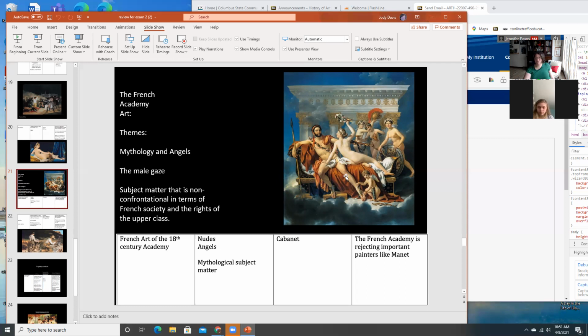This is the stuff that's being sold in the French Salon, that the French Salon patron just seems to be eating up. The male gaze is definitely one of the factors in the paintings. The subject matter is really non-confrontational in terms of French society and non-confrontational in terms of the French upper class.